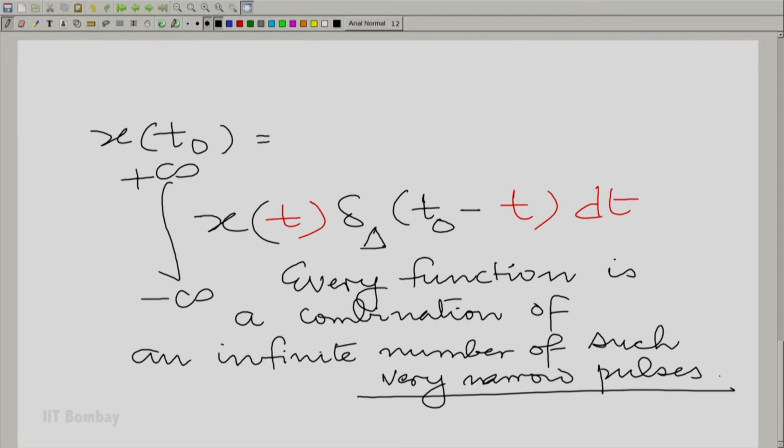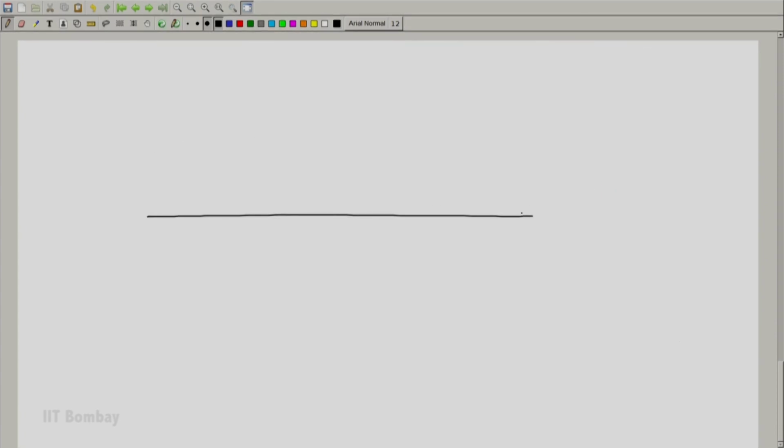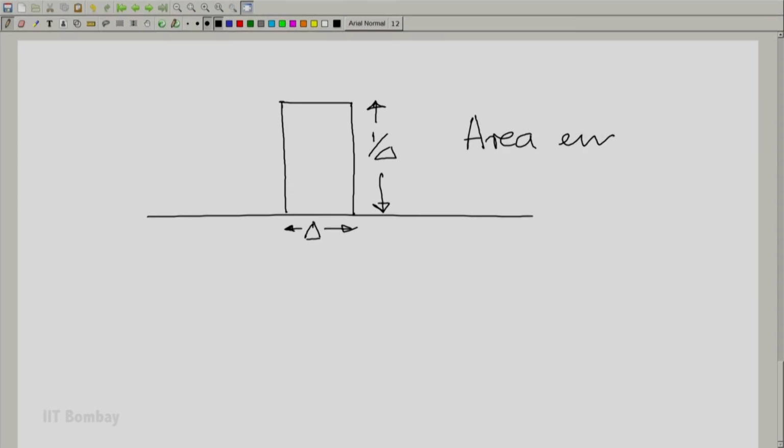Now, these very narrow pulses that we are talking about here, with a height of 1 by Delta and a width of Delta, enclose an area of 1. The area enclosed is Delta into 1 by Delta, which is 1.